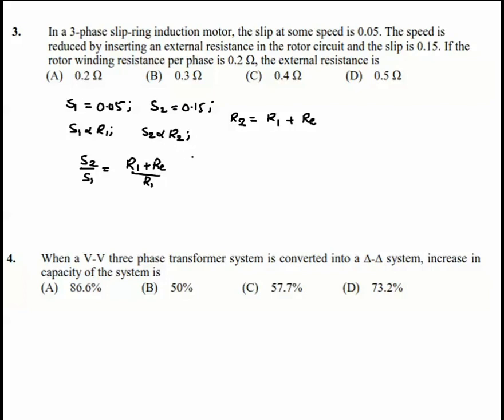R1 is nothing but 0.2 ohms. So 0.15 divided by 0.05 is equal to 0.2 plus the external resistance RE divided by 0.2. By solving this equation we will get RE as 0.4 ohms, and the answer is C here.